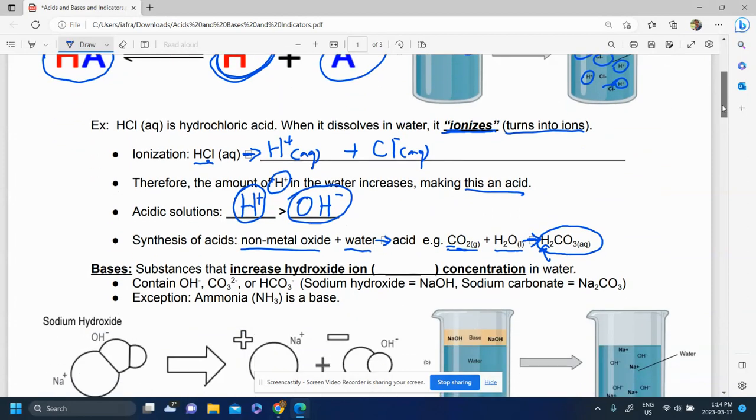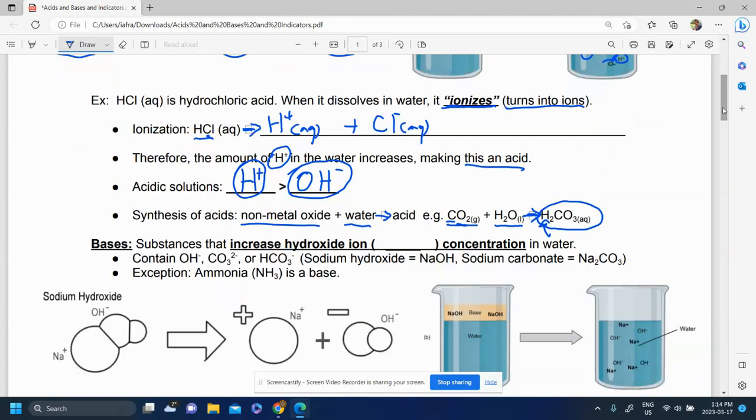Now, a base, on the other hand, is a substance that instead of increasing the H+, it increases the OH-, the hydroxide, in water. So generally speaking, you know you have a base if you see OH-, CO3 2-, or HCO3-.